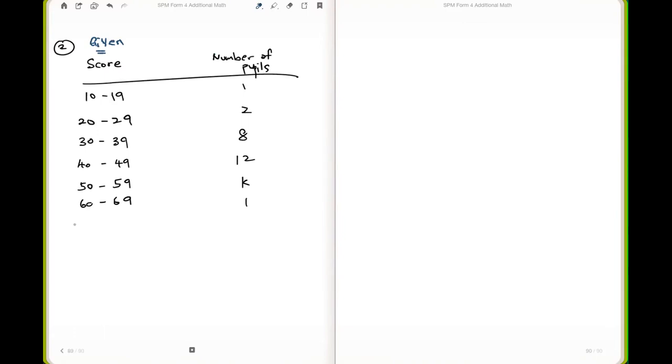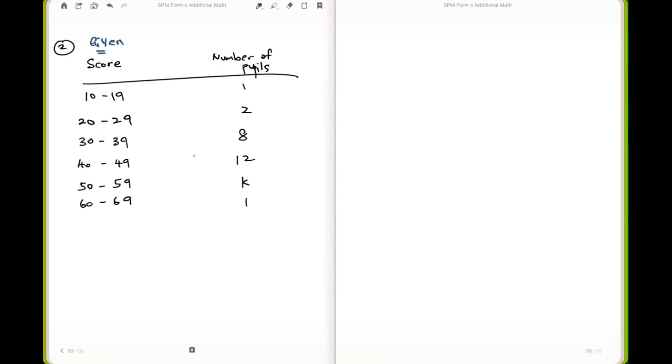What you do is, in your answer sheet, you set up a table where you have score, 10 to 19. Since I already have it here, but in your paper you should copy this down, and then get an X, which is the middle number.